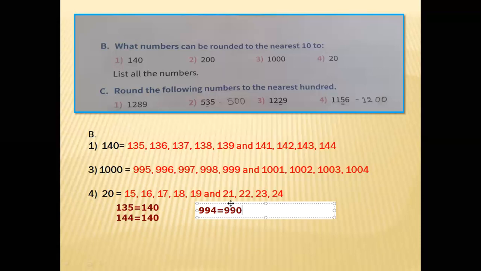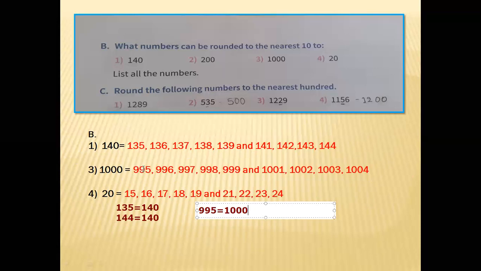So from 995, those numbers equal 1000. Right, here in ones place 5 is there, so this 99 changes to 100. It will become 1000. Right, now from 995 onwards up to 1004, it equals 1000. These are all the numbers nearest to 1000.